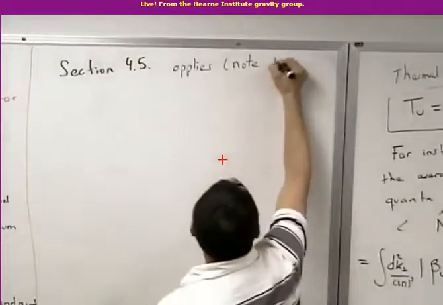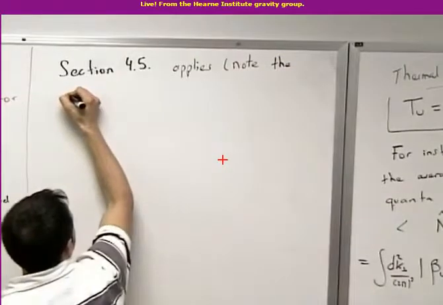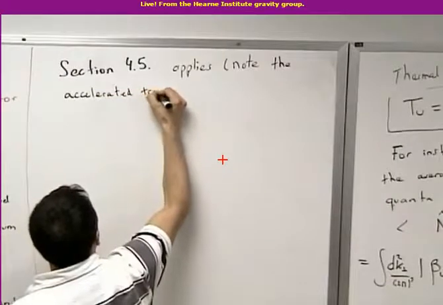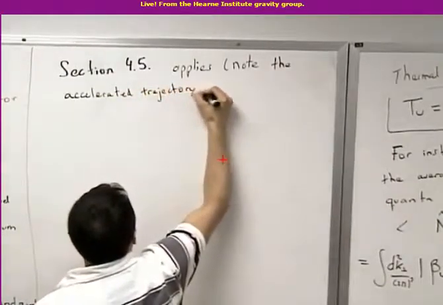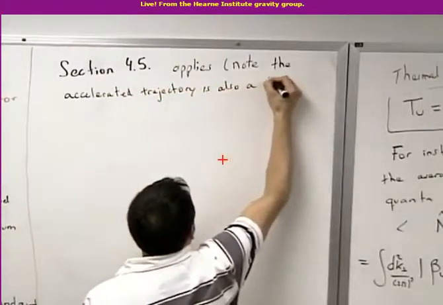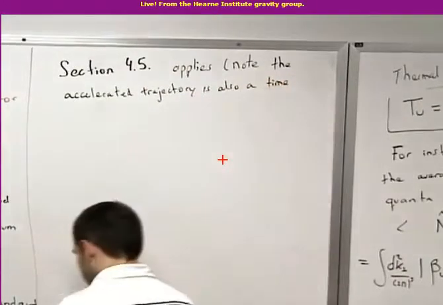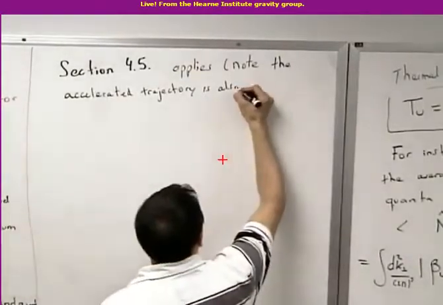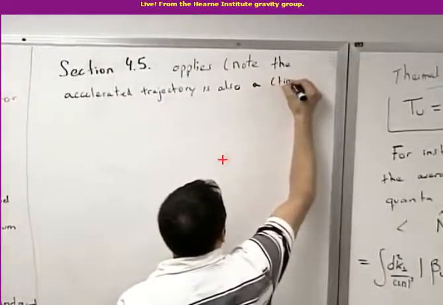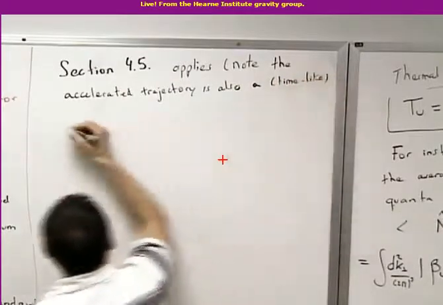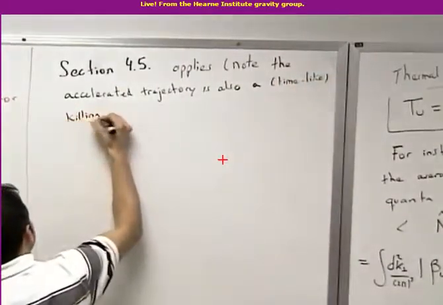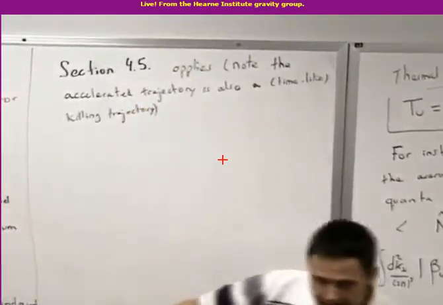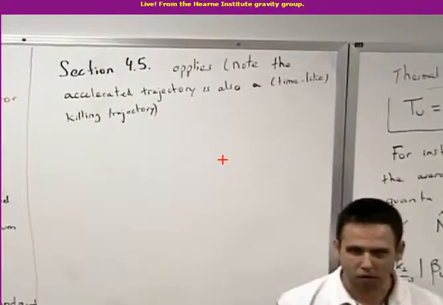But note that the accelerated trajectory is also, in technical terms, a time-like Killing trajectory. In other words, if you stay on that curve, the Minkowski metric doesn't change for you.